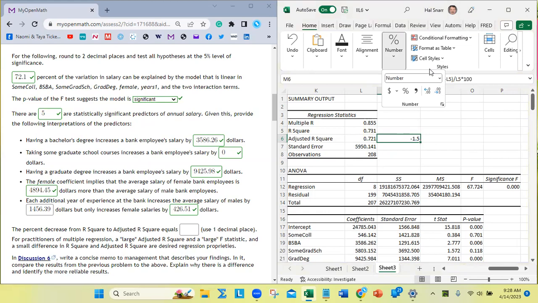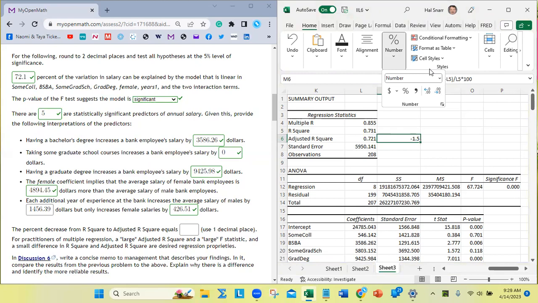If this percentage difference is big, it's suggesting that you added a bunch of garbage variables to a regression to inflate the R square. But if this percentage difference is tiny like it is here, then the variables you added are, I guess you could say, valid in a way. They're meaningful. They're not ridiculous.